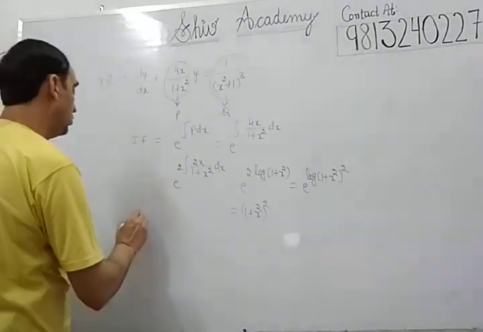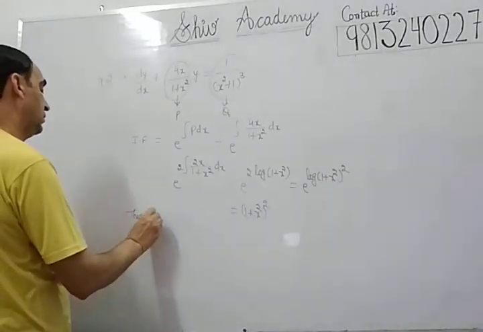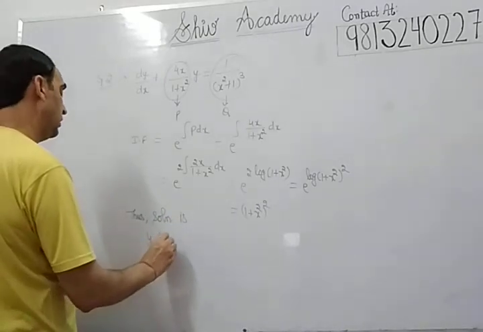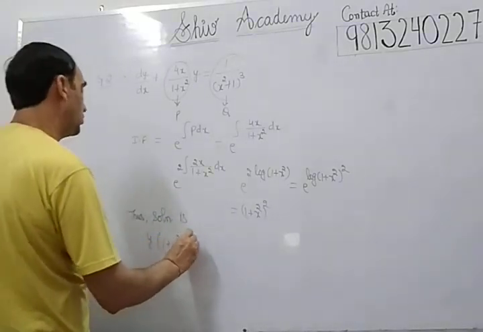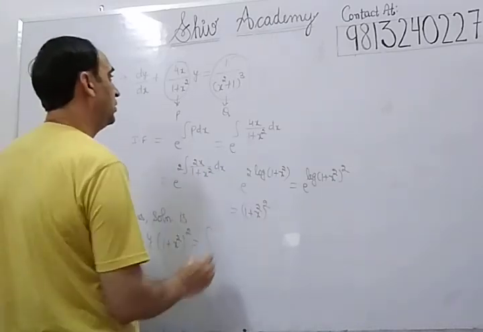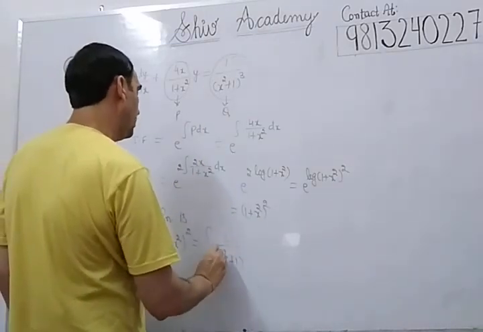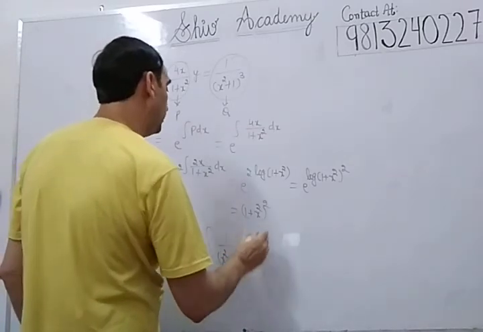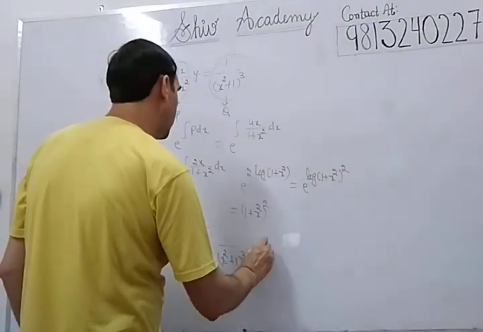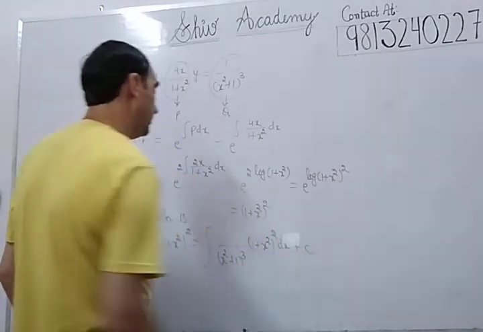So the solution is y into integrating factor, that is y into 1 plus x square whole square, is equal to integral q, that is 1 upon x square plus 1 whole cube, into this integrating factor, 1 plus x square whole square, with respect to x plus c.